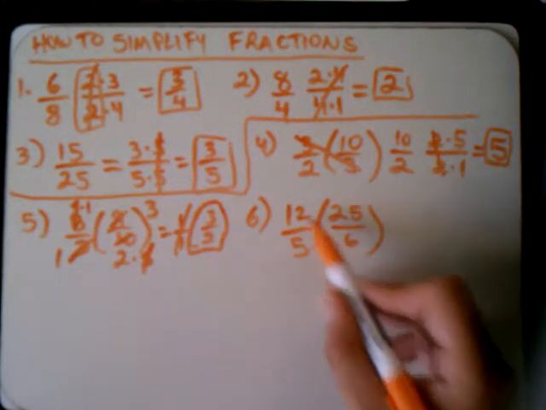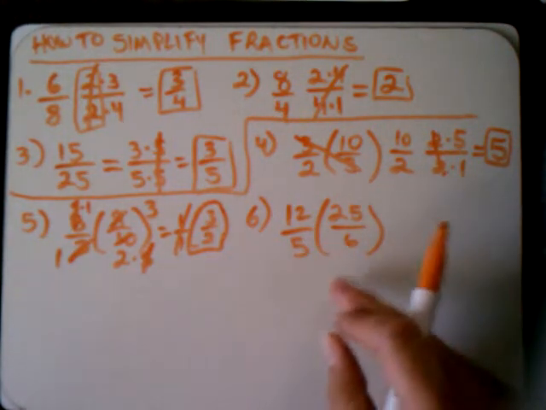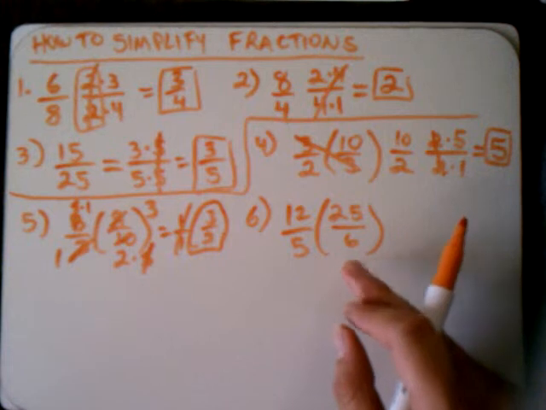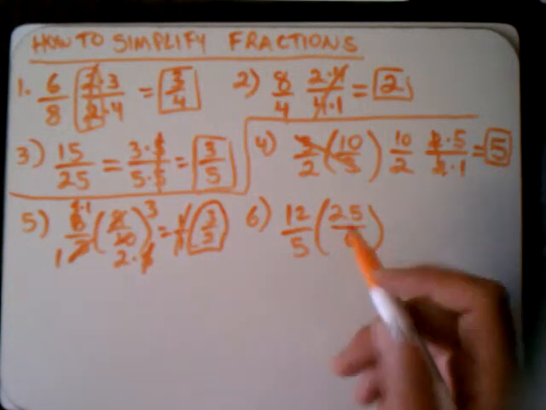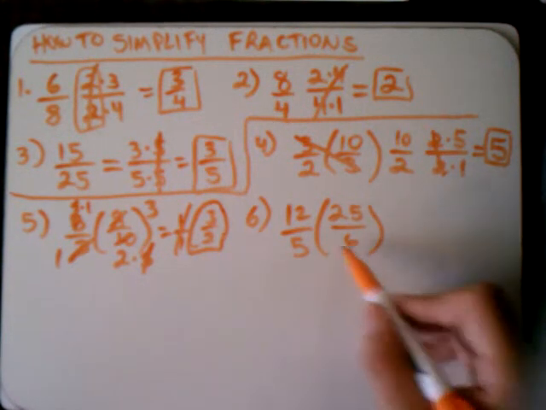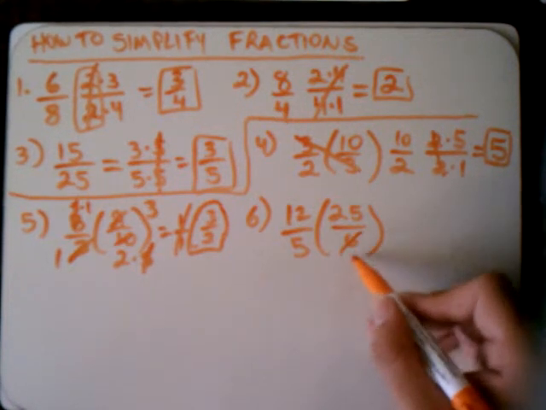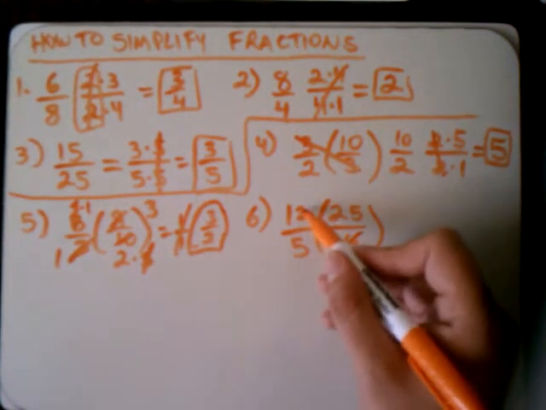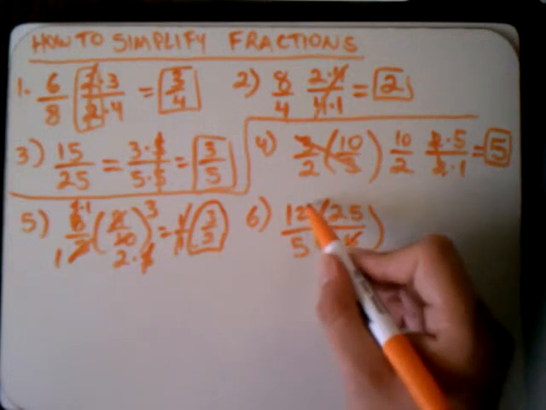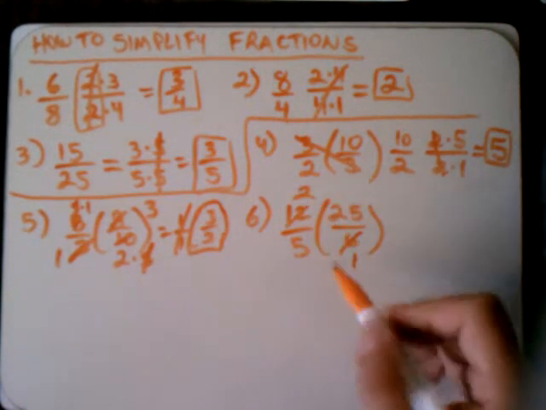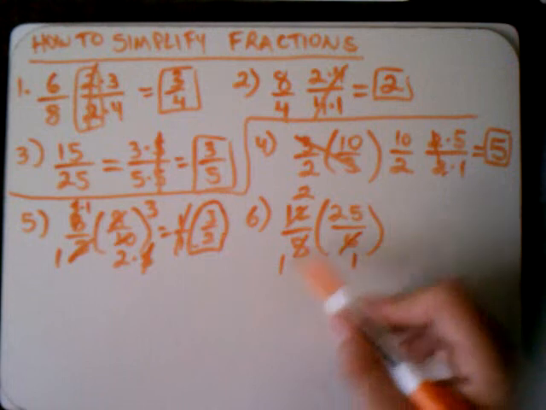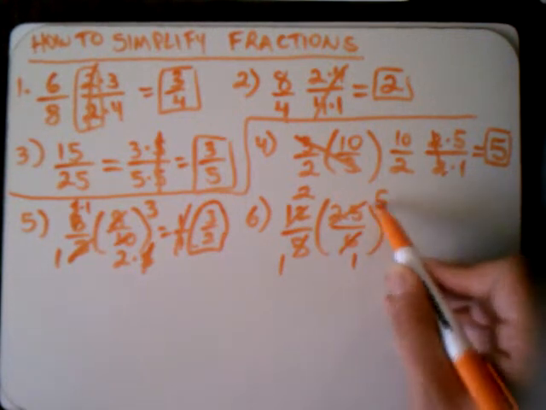The 12 and the 6. Of course, this is way easier if you know your times tables. I have a 6 and a 12. I know that 6 times 1 is 6, so this is going to become 1. And then this is going to become a 2. 5 becomes a 1, and 25 becomes a 5.